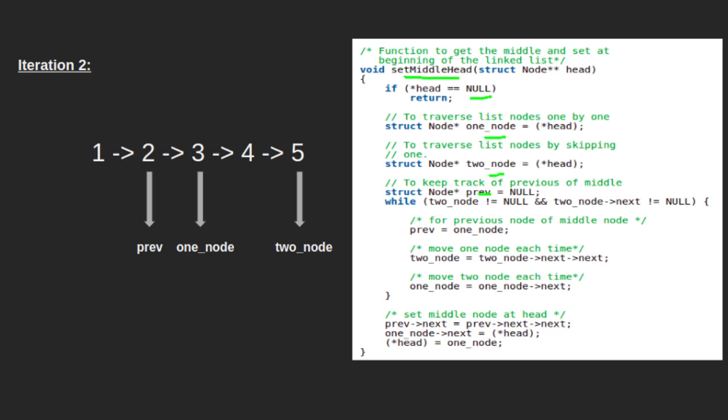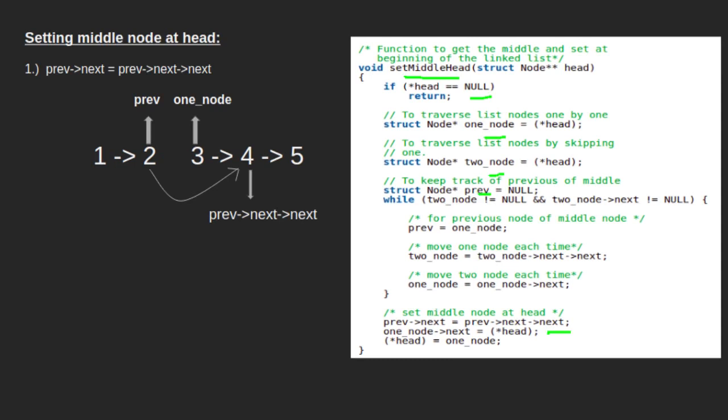Since we have now found the middle node of the linked list, we can now make middle node as head node. For making middle node as head node, we will follow 3 simple steps. Firstly, we will set next of prev to point to next of 1_node.